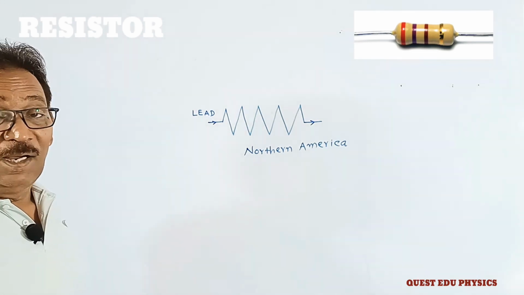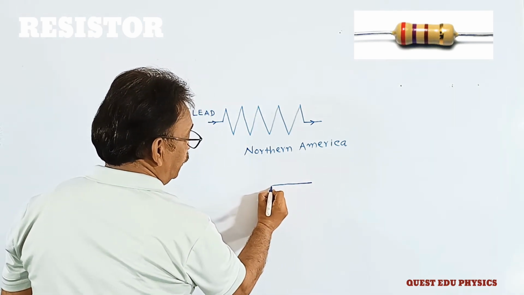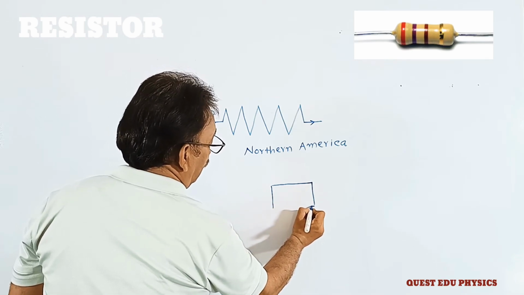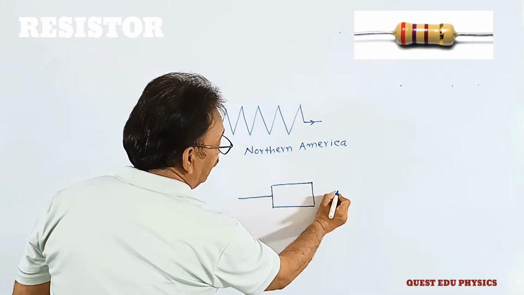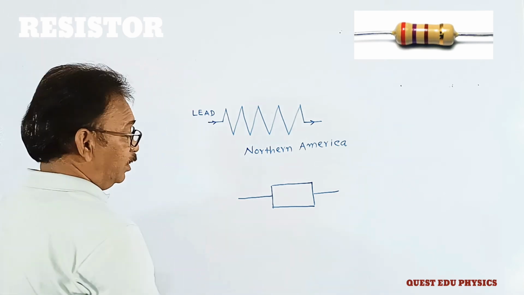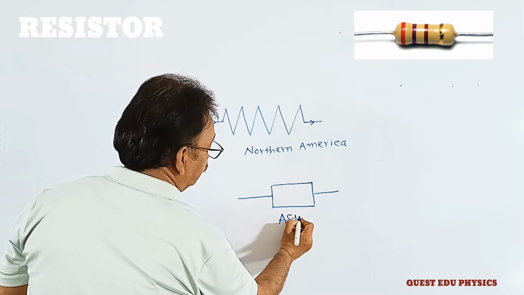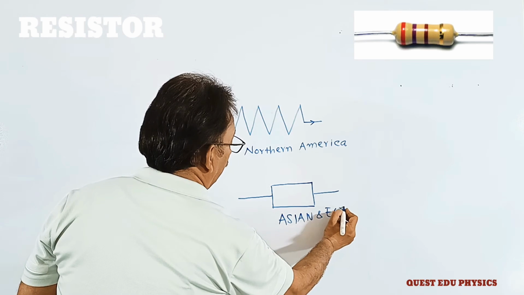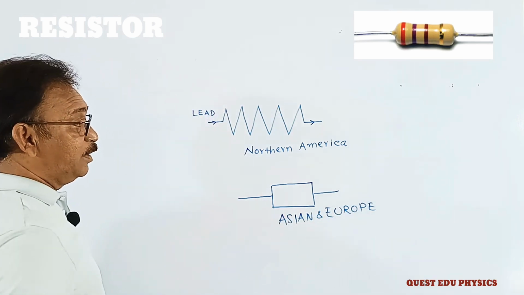But what about the other countries? Generally, the resistor is represented with a rectangular shape. We belong to Asia, students, and Asian countries and Europe use this symbol for the resistor.